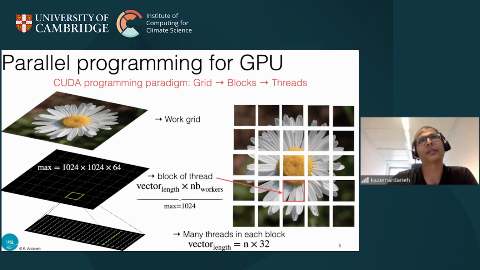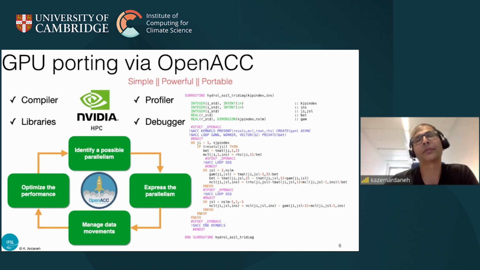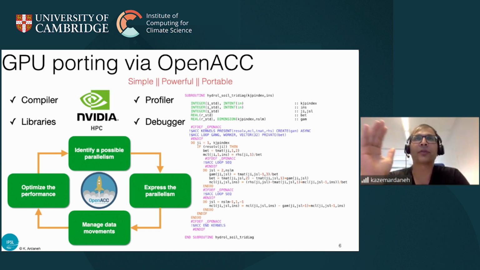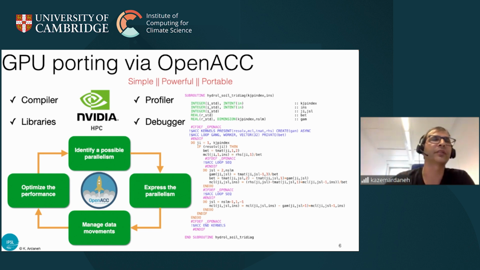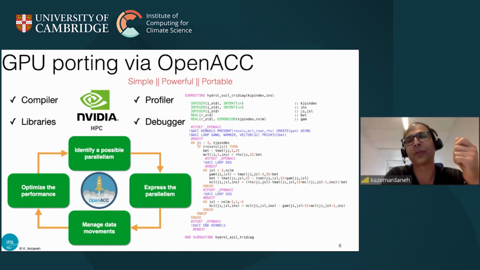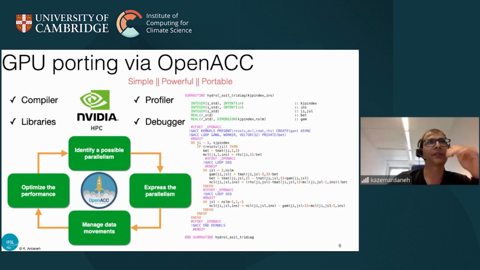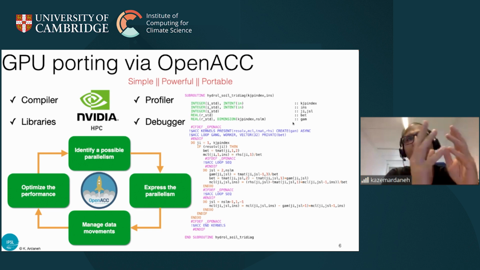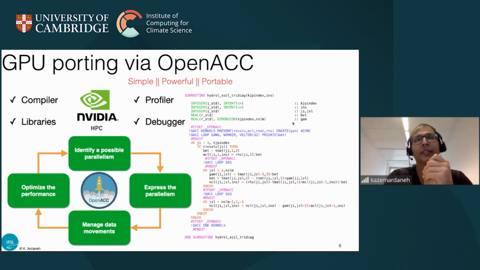For our work on the IPSL model, as I said, we use MPI for domain decomposition. In the next stage, we use OpenACC. We use the NVIDIA SDK programming kit, which has almost all the tools that we need, for example compilers, libraries, profiler and debugger.